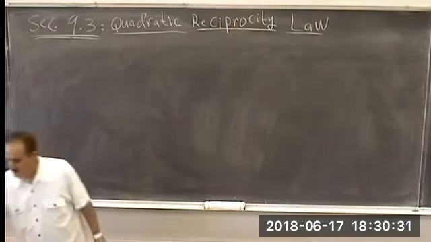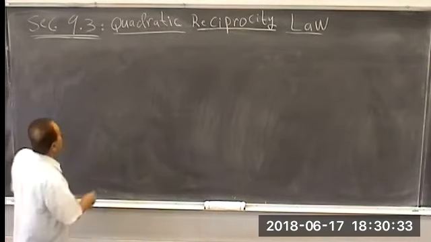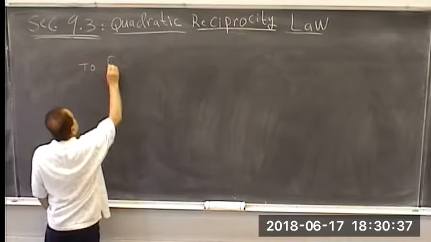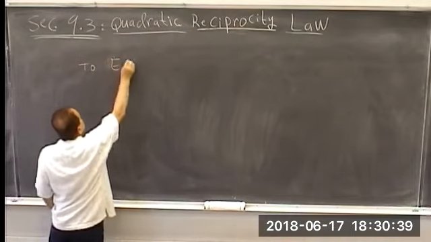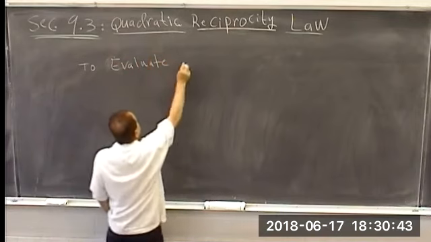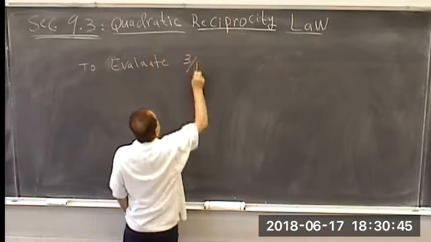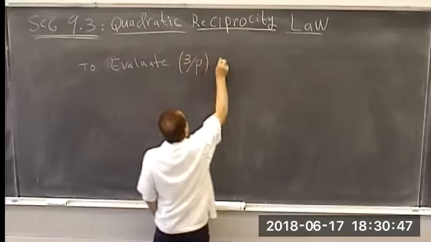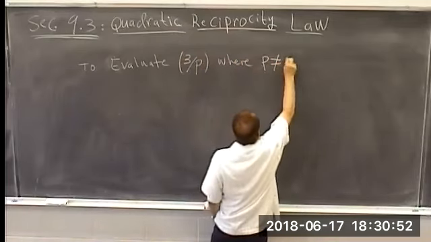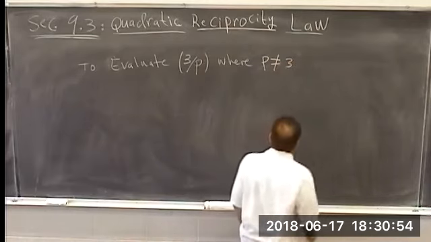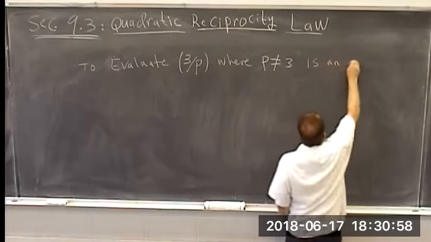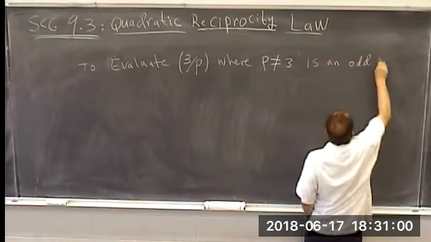And this is equivalent to evaluating 3 over p, where p is an odd prime, not equal to 3.